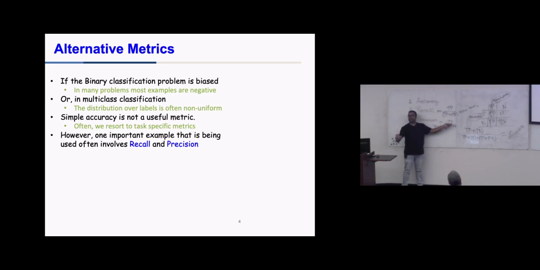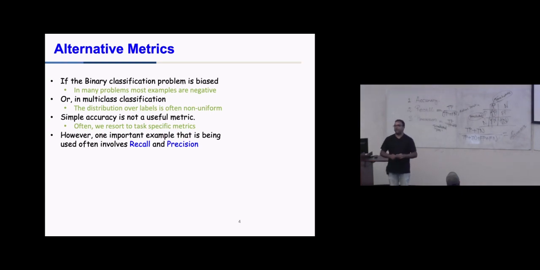Okay? And here, this is the number of times the model has correctly predicted the true positive divided by all the actual positives in your data set.